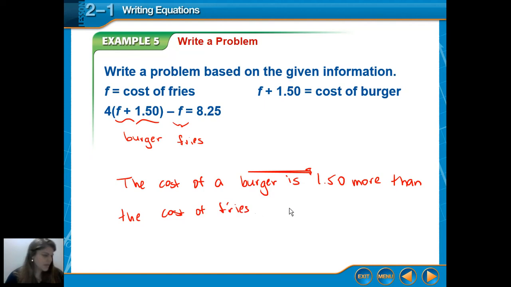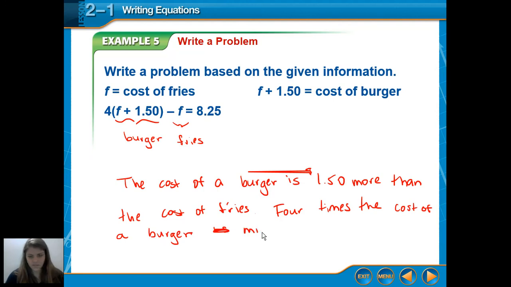Okay. And then we can say that 4 times the cost of a burger, minus the cost of fries equals 8.25.